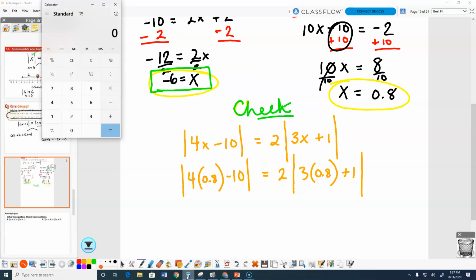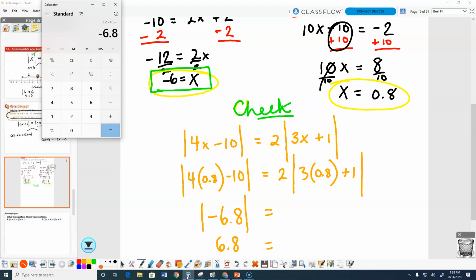So let's do 4 times 0.8 is equal to 3.2, and then 3.2 take away 10 equals negative 6.8. So I have the absolute value of negative 6.8, which is just 6.8.